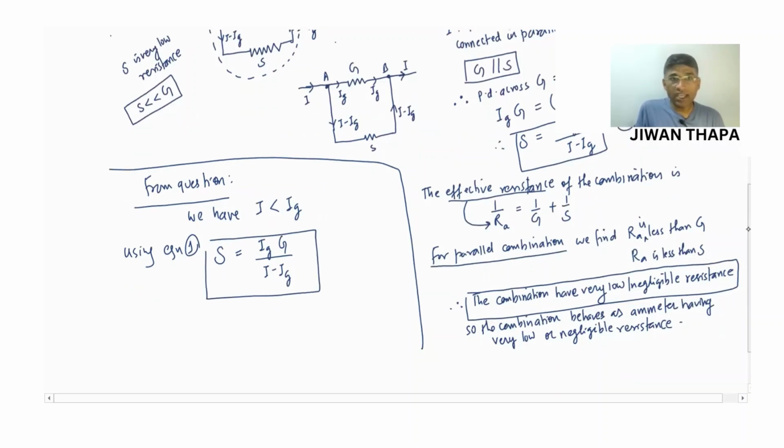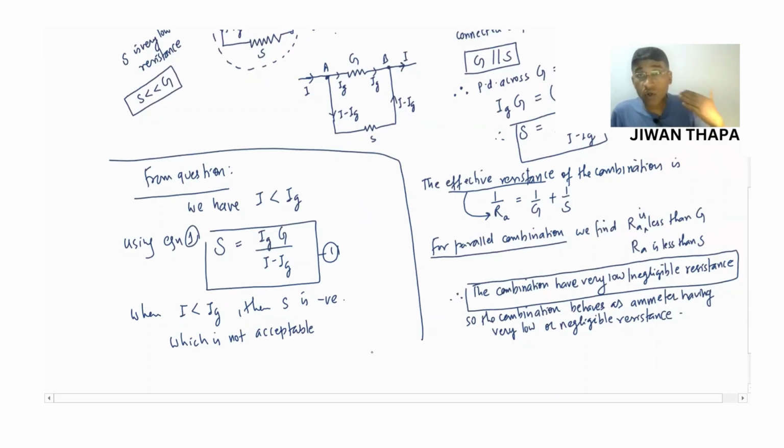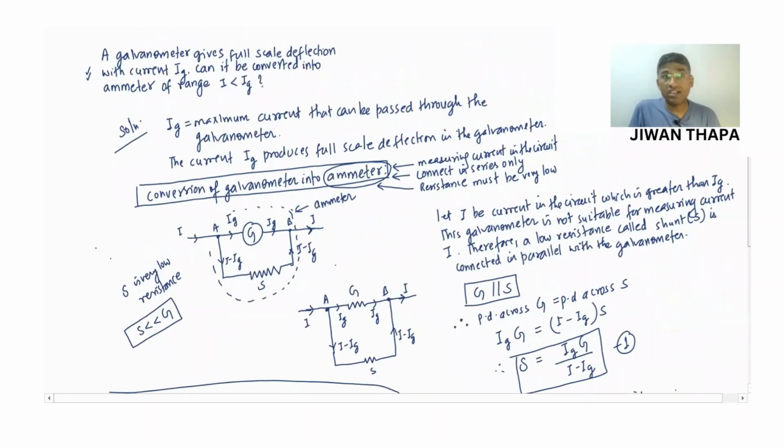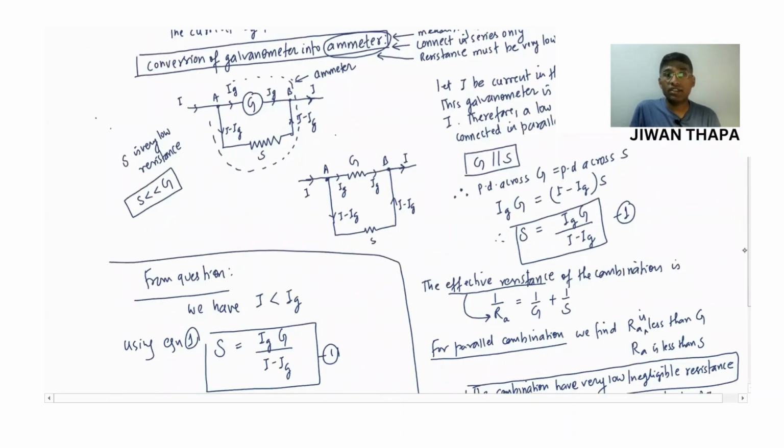So when I is less than Ig, then S is negative, which is not acceptable or is not possible, okay? We cannot have shunt negative, that is, we cannot have resistance negative. Therefore, if we have this condition, I less than Ig, we cannot convert galvanometer into ammeter.